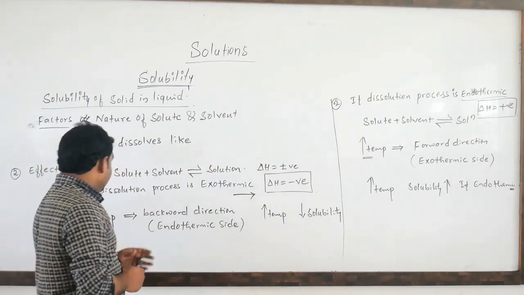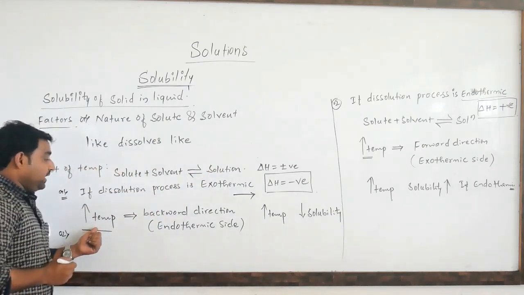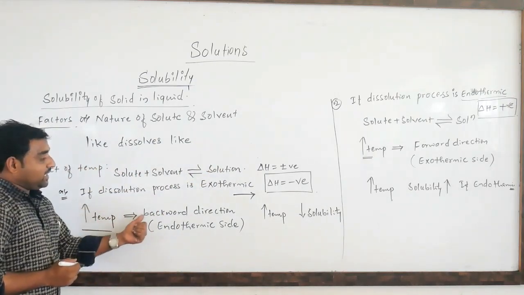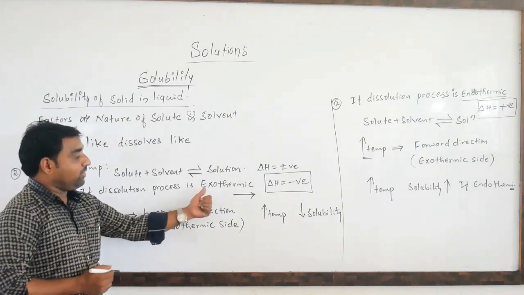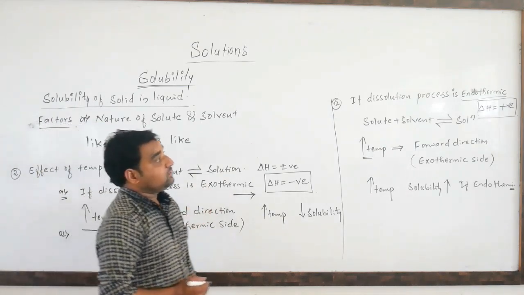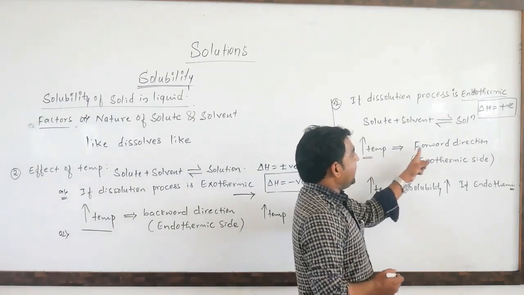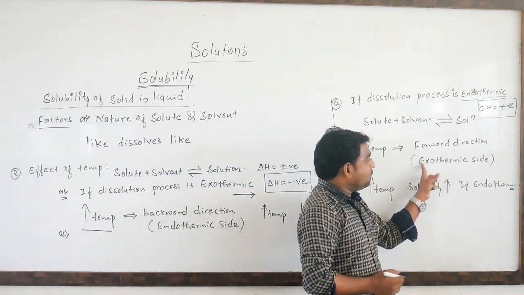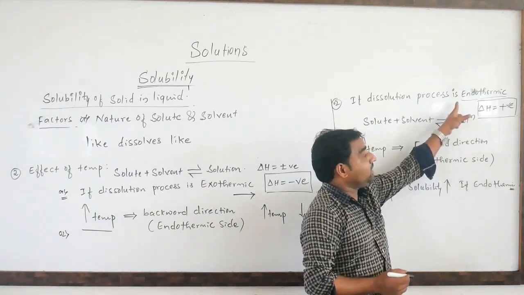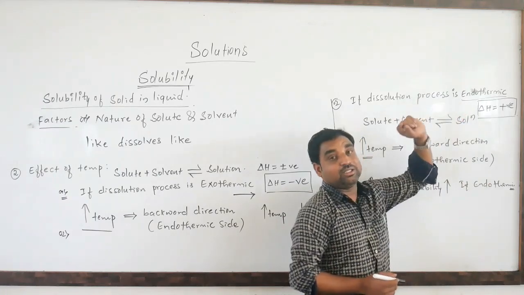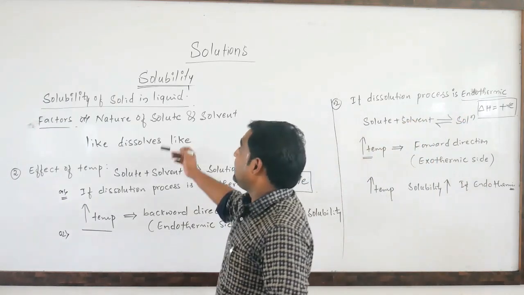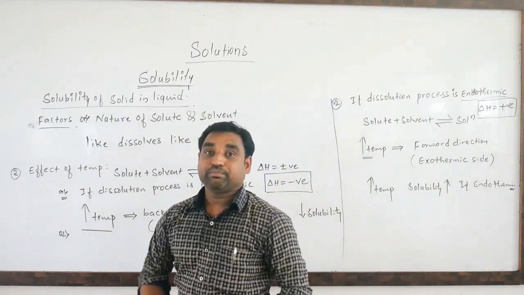So according to the Le Chatelier principle, if temperature increases, the reaction favors the endothermic side when it is exothermic. With an increase in temperature, the reaction favors the forward direction, towards the exothermic side, when it is an endothermic reaction. This is the effect of temperature on the solubility of a solid in a liquid.